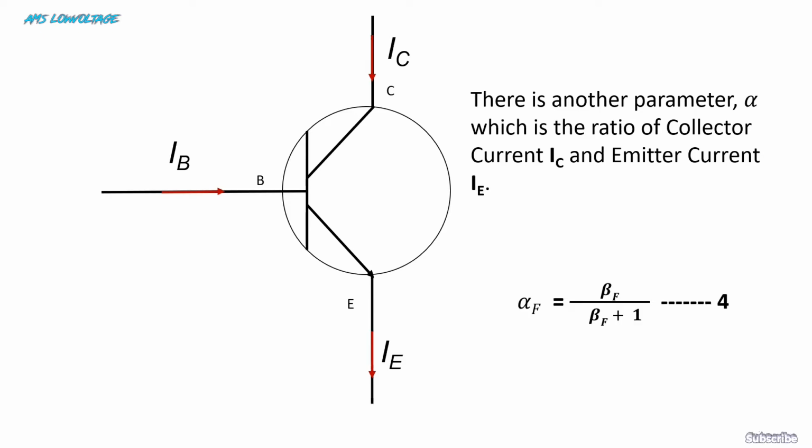So finally alpha F equals beta F over beta F plus 1.